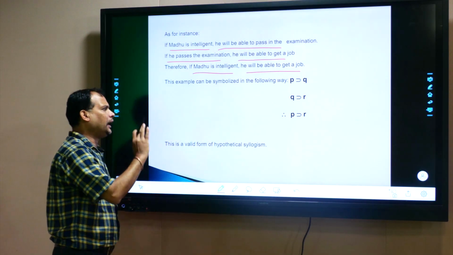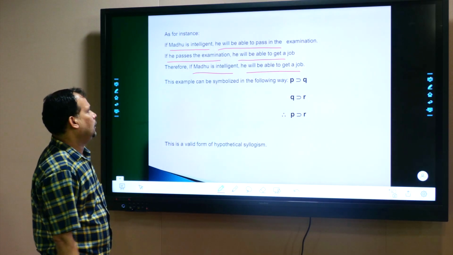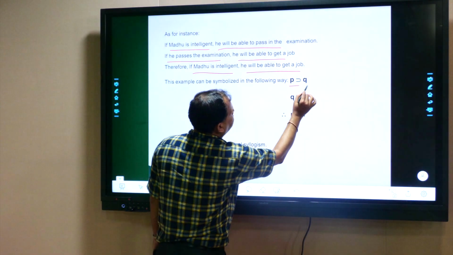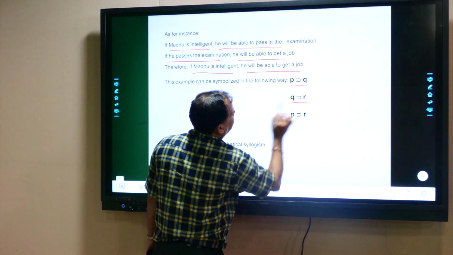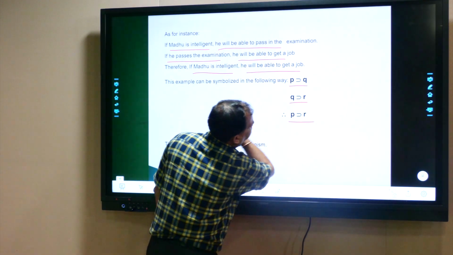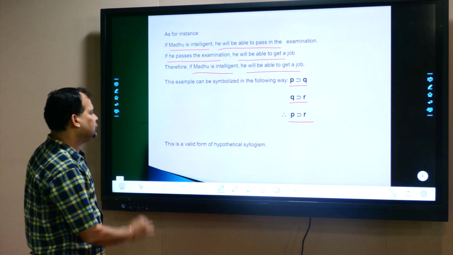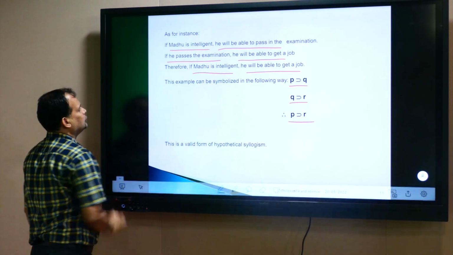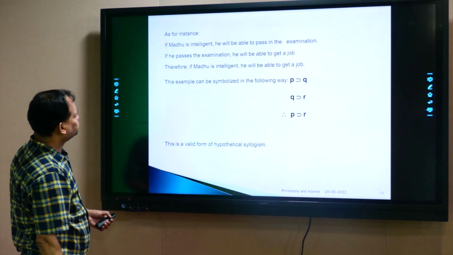How can we symbolize this real example of hypothetical syllogism? P implies Q, Q implies R, therefore P implies R. So this is a valid form of hypothetical syllogism, dear learners.